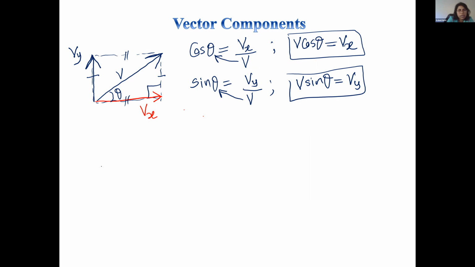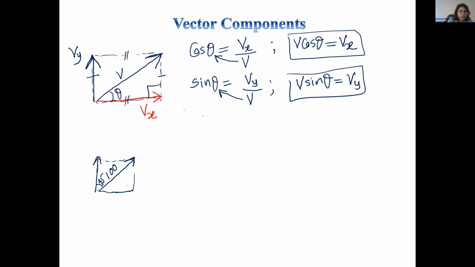Now as a simple example, say I have a 100 meter vector. If I ask you to write the x component of this vector and the y component of this vector, if your angle is 45 degrees, say this one is 45 degrees, right? So now this is your x component and this is your y component.